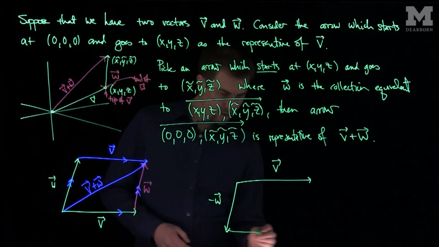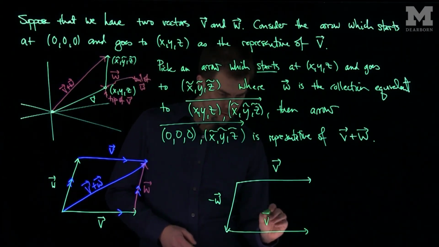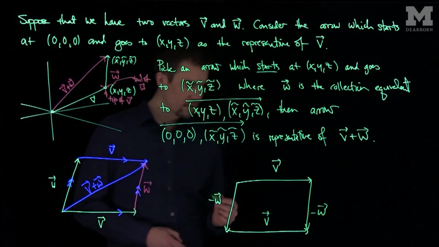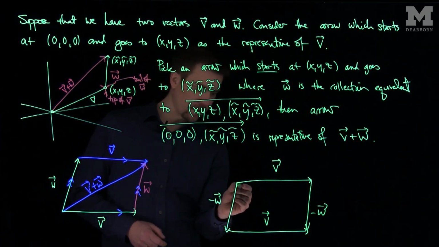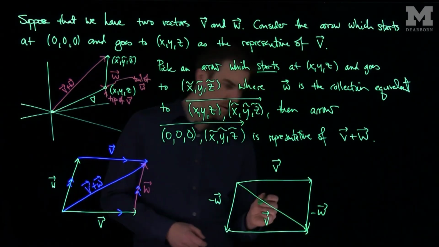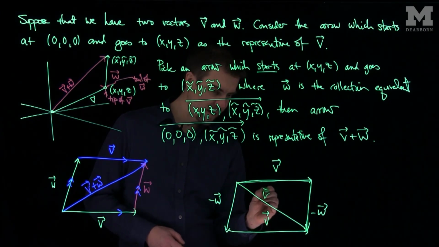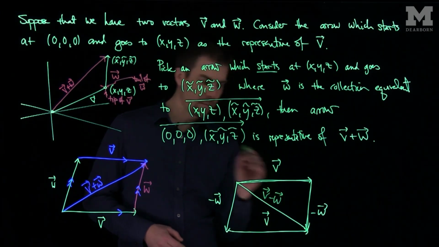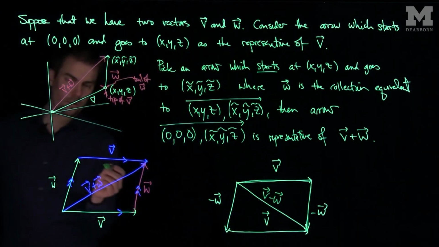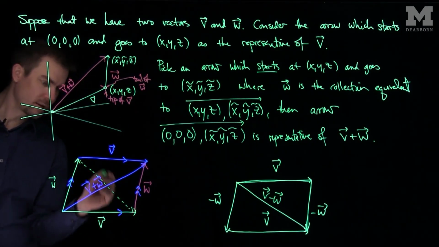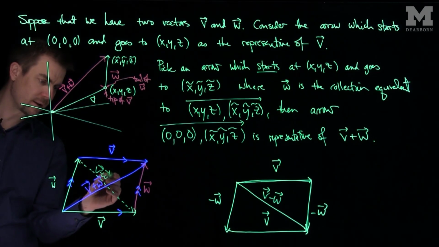I can do another copy of v over here, another copy of negative w over here. And now I can look at this diagonal over here. This diagonal represents this vector v plus this vector negative w, so this other diagonal is v minus w. So if I draw this vector over here in this configuration, this vector over here is v minus w.